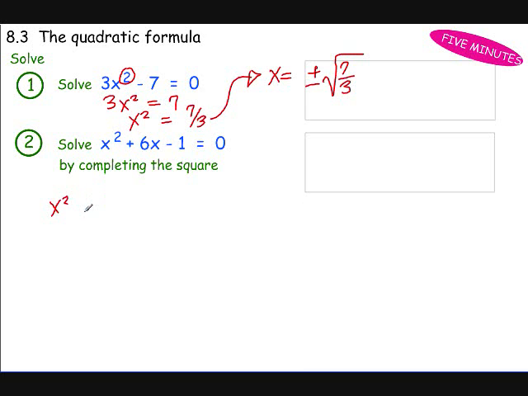X squared plus 6x, and my first thing I'm going to do is get this out of the way. So I'm going to add 1 to both sides. I want to convert this into a perfect square trinomial, and I can do that by taking half of 6 and squaring that.